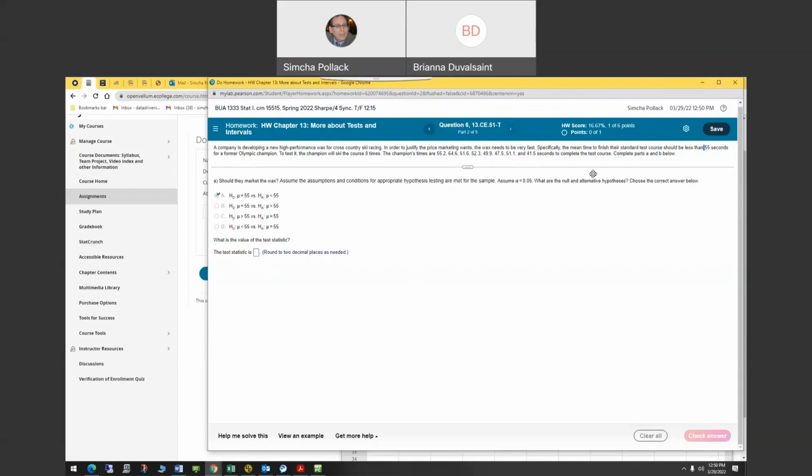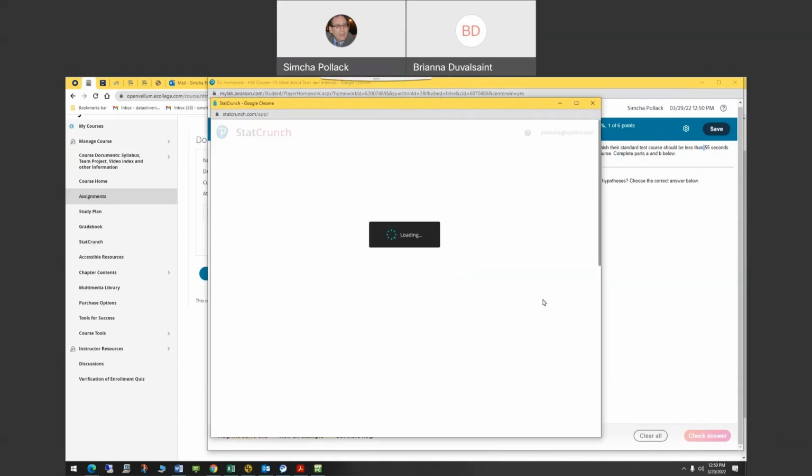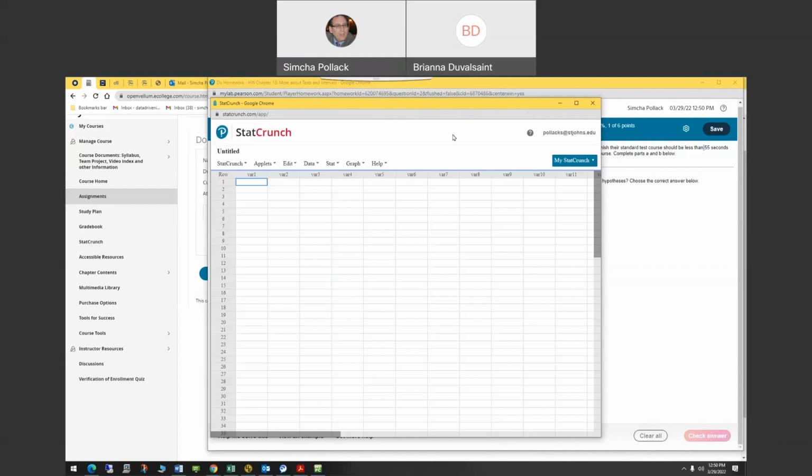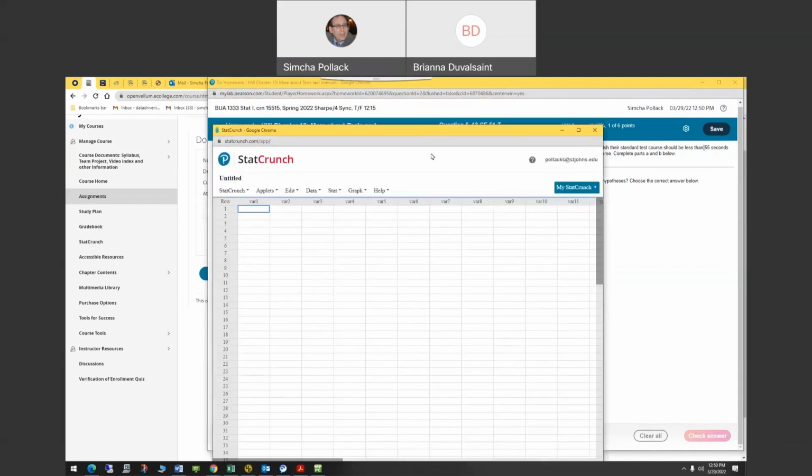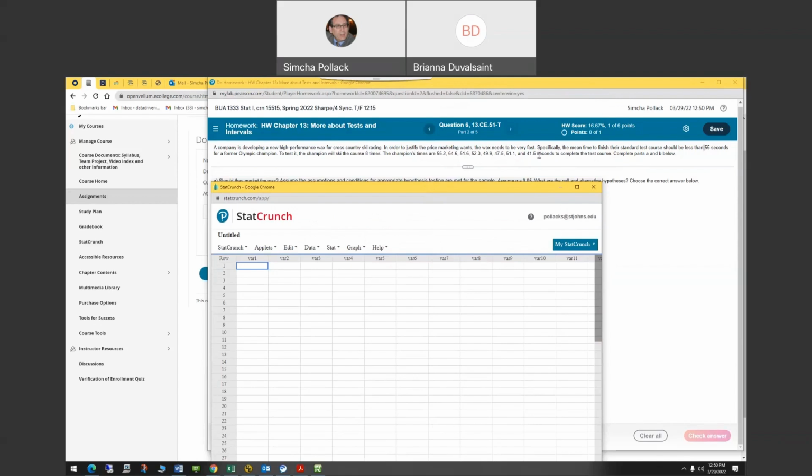If they don't give you that, you have to type the numbers in by hand and click get more help, StatCrunch. Usually they make it easy for you. They just give you a little blue thing and you click on it and the numbers go right in. You'll see that in most examples. So let's type it in: 55.2, 6.